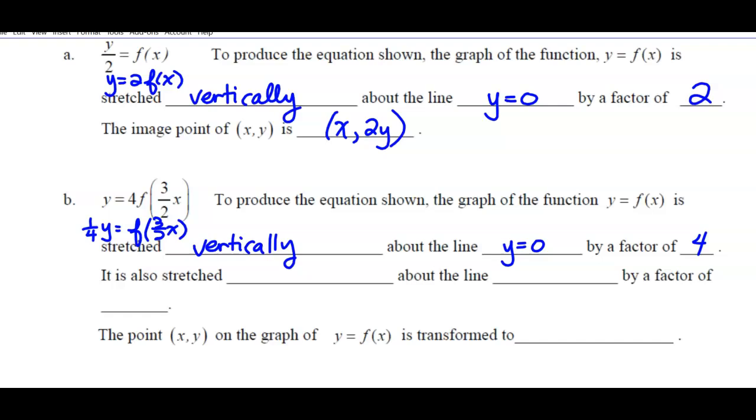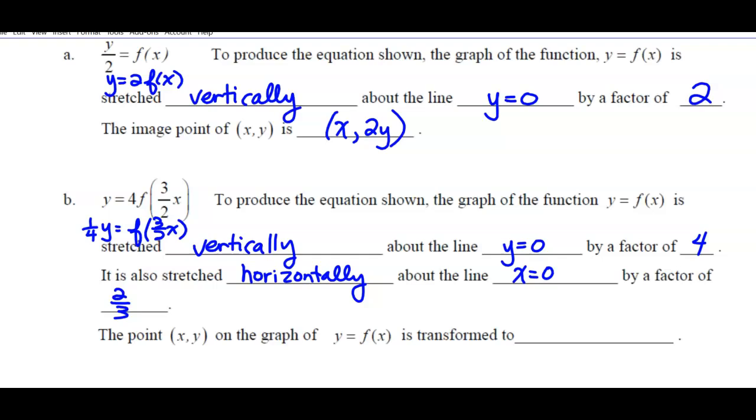It's also stretched horizontally about the line. The y-axis is x equals 0. Okay, by a factor of, so this value is 3/2, this b value. Okay, what's 1/b? That's the reciprocal, right? So you flip this, that's 2/3. Okay, think about this. This is bigger than 1.